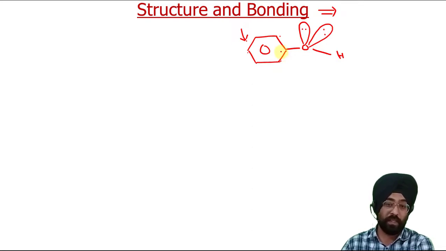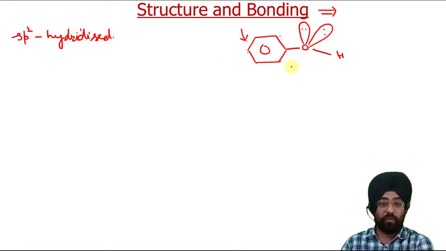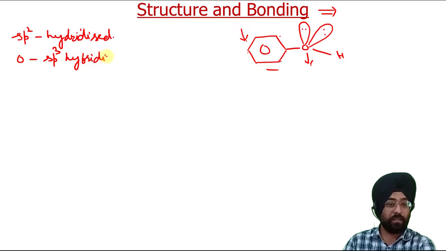Now in this benzene, all the carbons are sp2 hybridized, whereas this oxygen is sp3 hybridized.